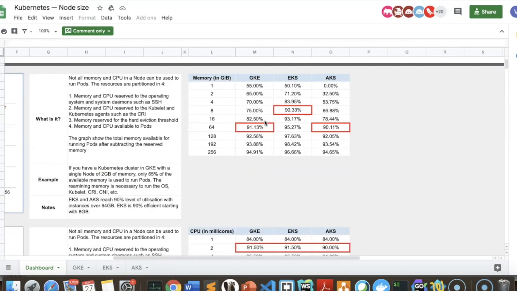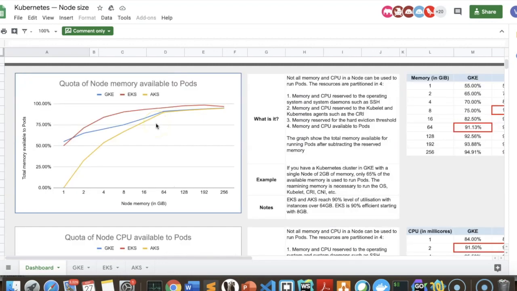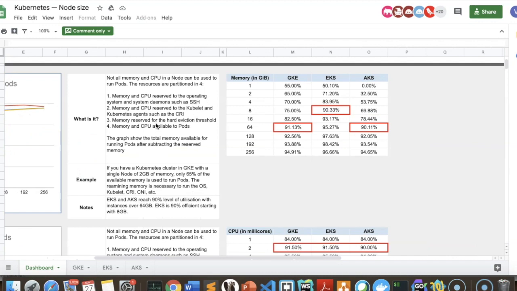So quota of memory available, node memory available to pods is something like, if you have a single node with an allocated memory size, how many pods you can actually run on them, or what's the percentage of available memory for your pods to run on.